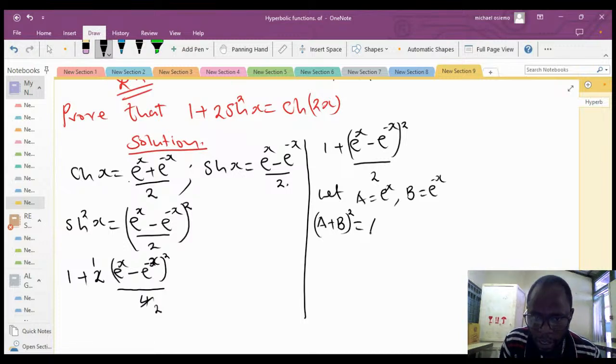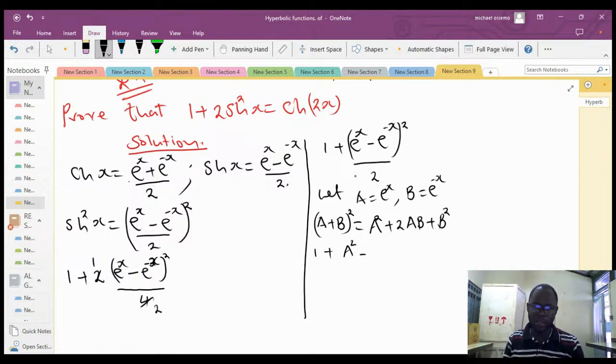It will be equal to a squared plus 2ab then plus b squared. You are right. But for us we need a minus b, so we don't need a plus b.